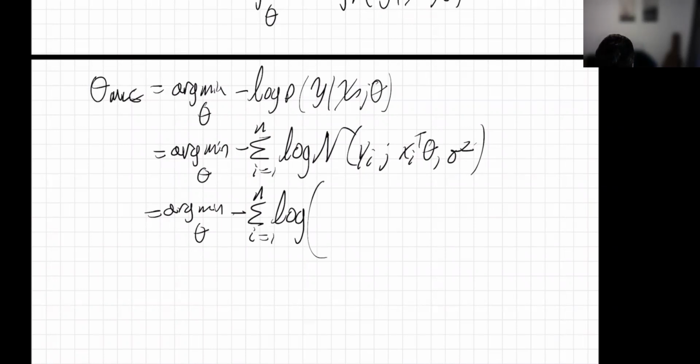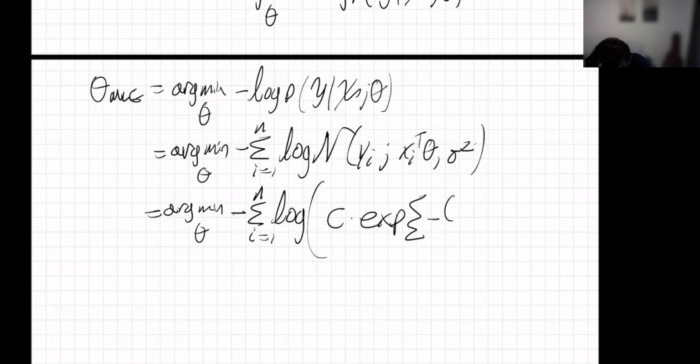It is some constant times exponential of minus, and this is the mean, xi transpose theta. Oh, sorry, my bad. Well, it's the same.